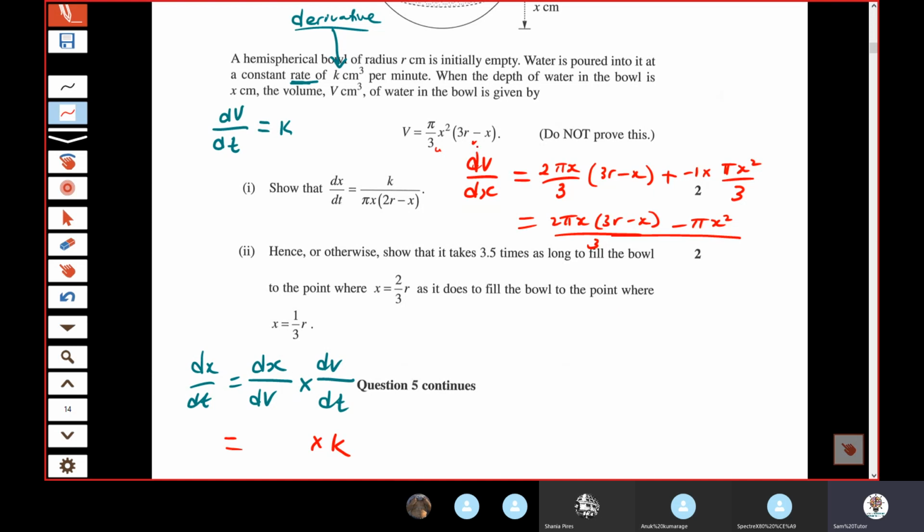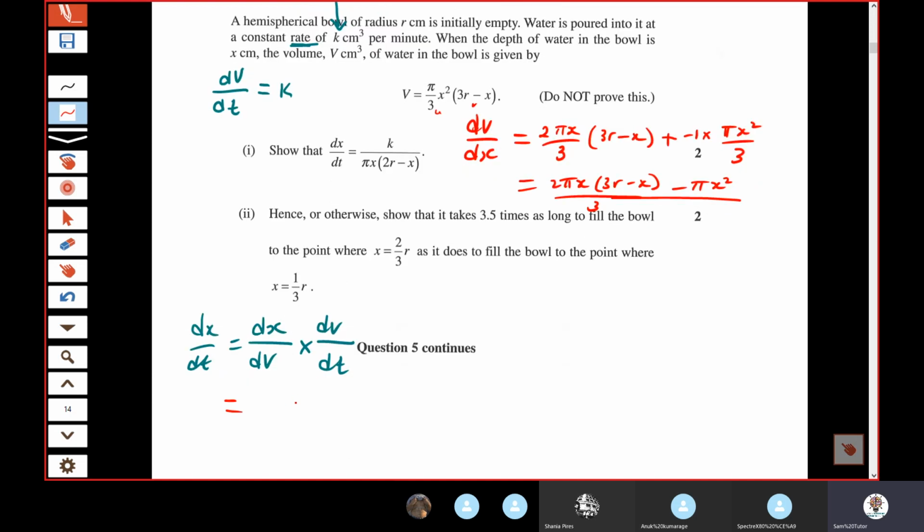And what do we do now? That's dv on dx. We wanted dx on dv. Now you flip it. And then you hope, as you expand it, you end up with this result. So let's see. dx on dv, flip, so 3 on 2 pi x r, 2 pi x 3r, sorry, 6 pi x r minus 2 pi x squared minus pi x squared, times by k.